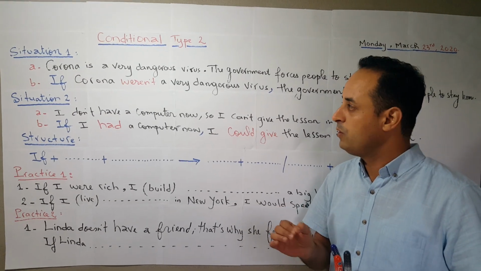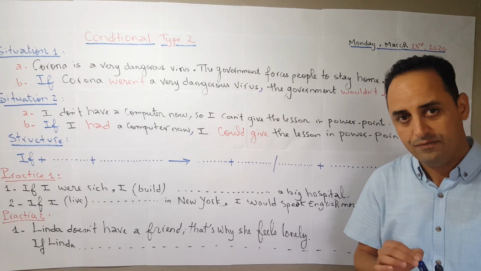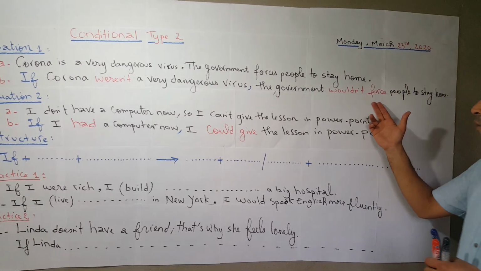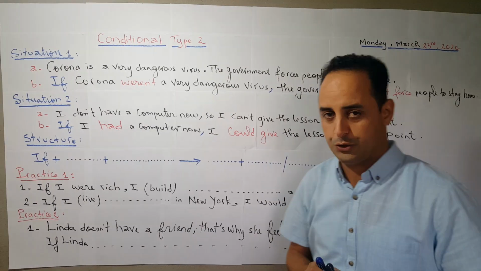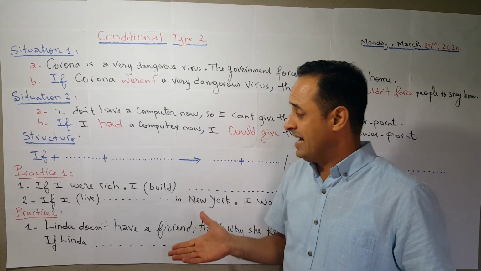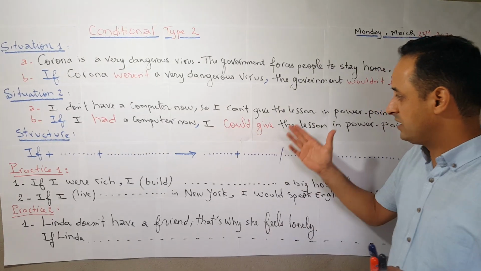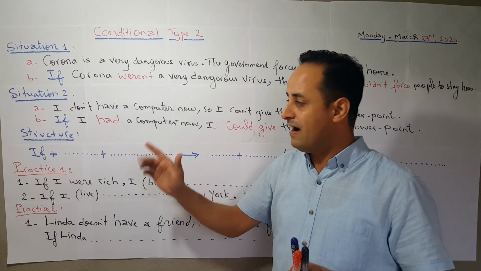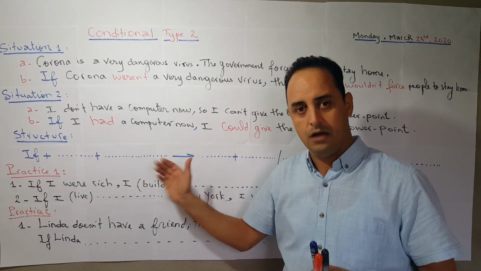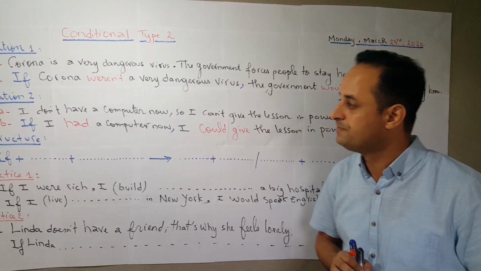If Corona weren't a very dangerous virus, the government wouldn't force people to stay home. Situation 2. I don't have a computer now, so I can't give the lesson in PowerPoint. If I had a computer now, I could give the lesson in PowerPoint.